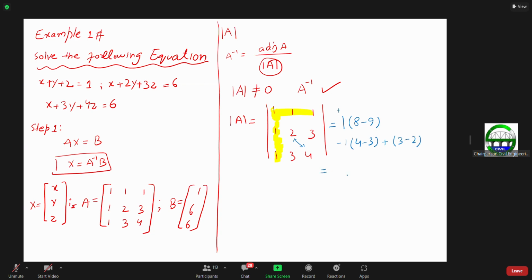So 8 minus 9 is equal to minus 1, then plus 1 and minus 1, right?